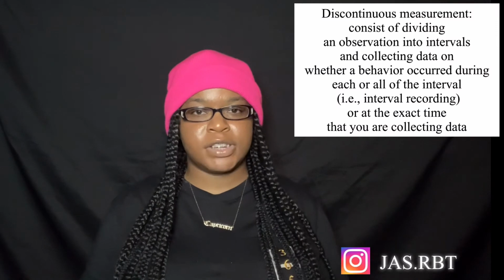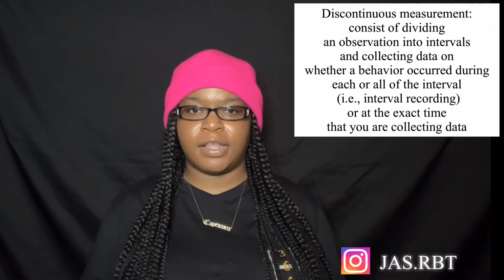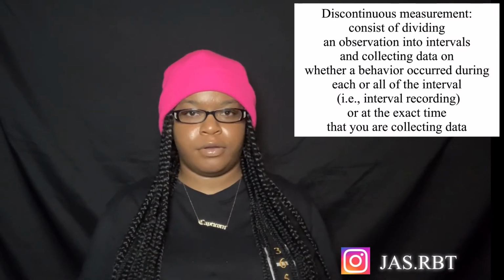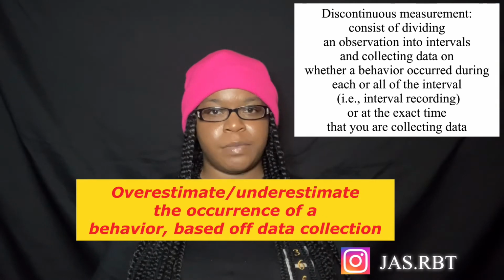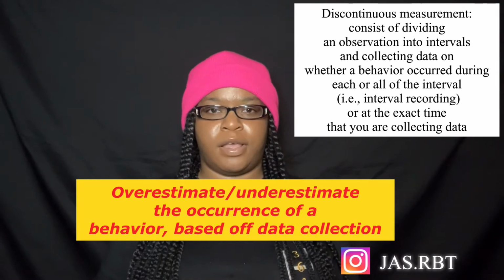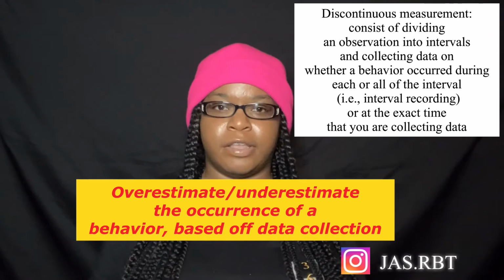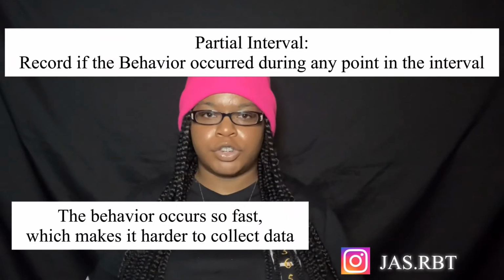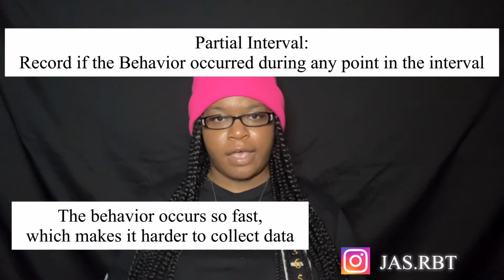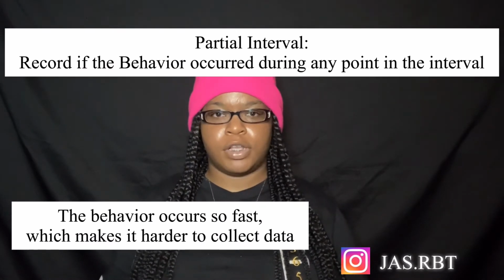Discontinuous measurements are a time sampling measurement that does not collect every instance of a behavior. Discontinuous measurements can overestimate a behavior or they can underestimate a behavior. So that is why they are less effective than continuous measurements. The first discontinuous measurement is partial interval, when the behavior occurs at all during a certain time frame.